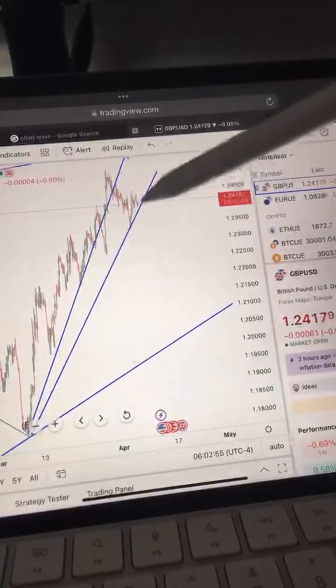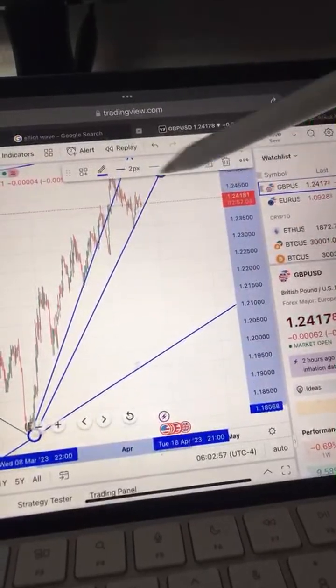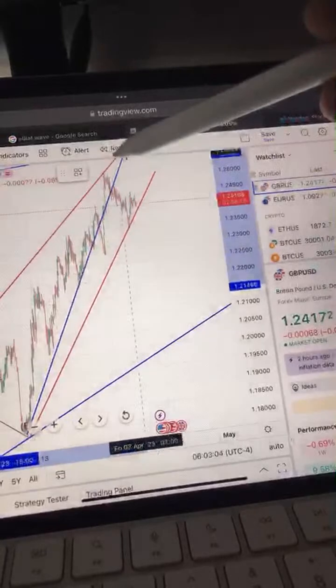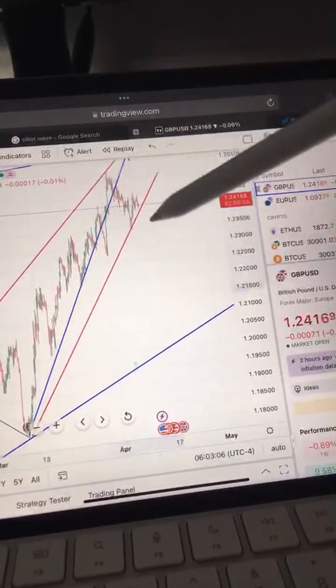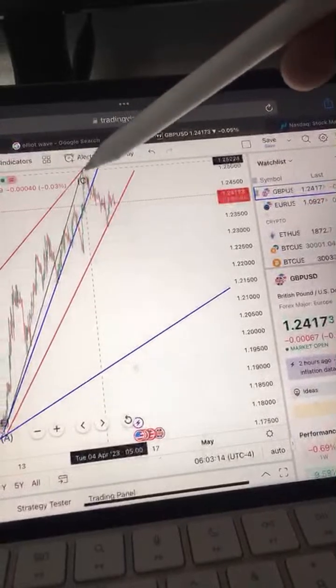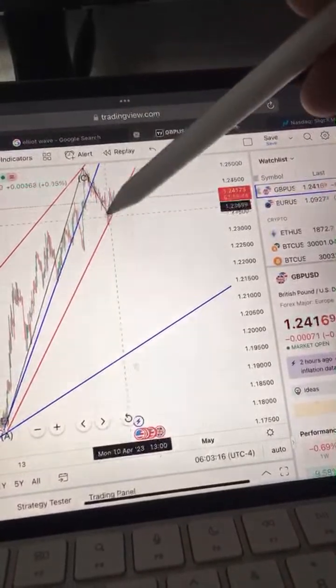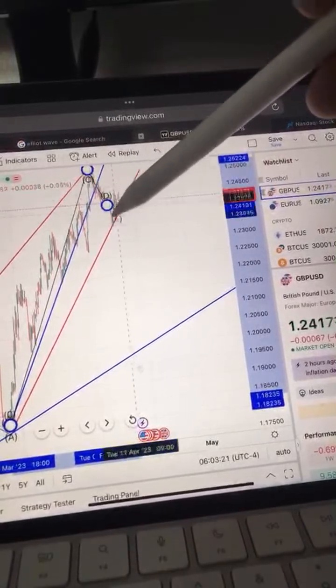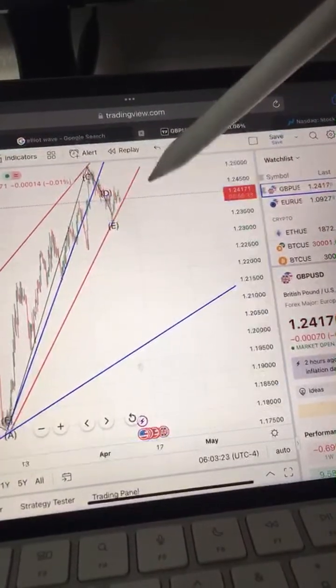This is the channel. And this is the channel. From the downside to the uptrend, and downside, expecting it to go up. All right.